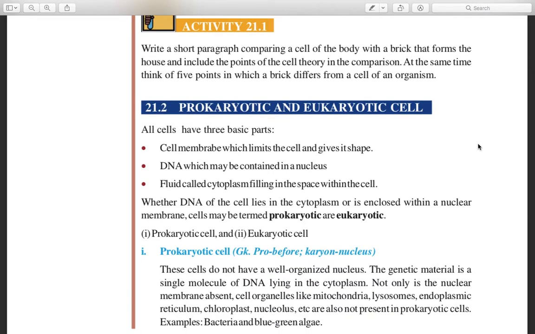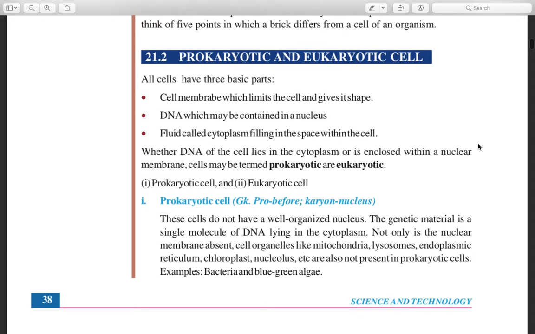Okay, let's see the difference between prokaryotic and eukaryotic cells. Cells are generally classified into two types, prokaryotic and eukaryotic. All the cells have three basic parts. When someone asks you what the basic parts of the human face are, you will say humans have eyes, nose, mouth and ears.